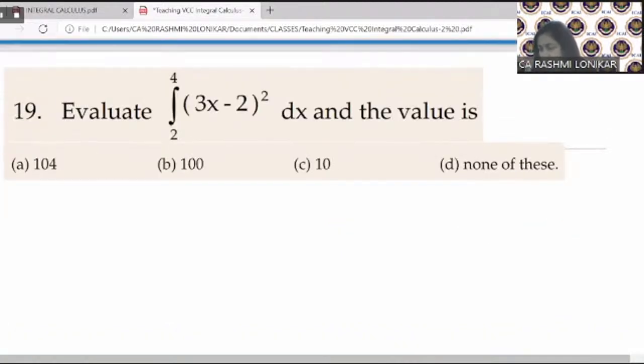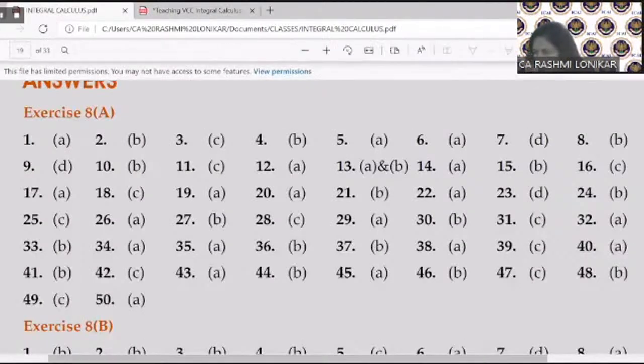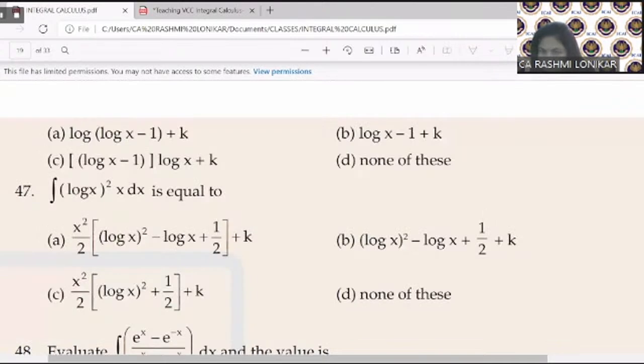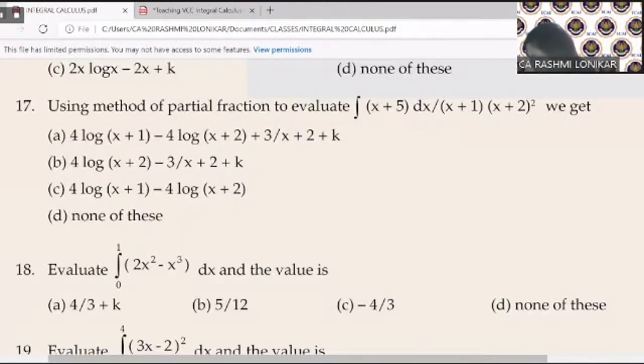Let us take a similar sum of definite integral. Shiba, which question?